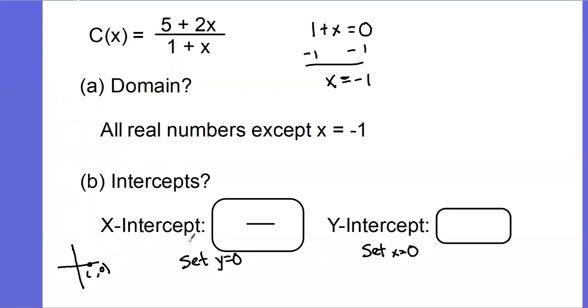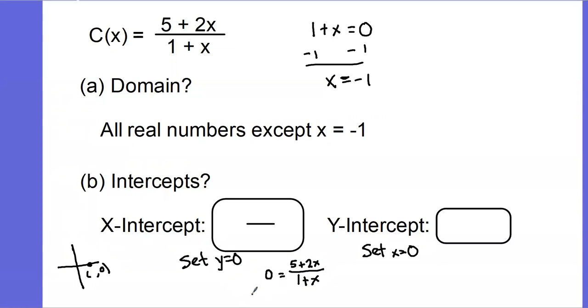So with our x-intercept, set y equal to 0. Remember that with function notation, c of x is the same thing as y. So we're going to have 0 is equal to 5 plus 2x all over 1 plus x. And the only way that this fraction is going to equal 0 is if the numerator is equal to 0. If you want to, you can think of multiplying both the left and the right-hand sides by 1 plus x.